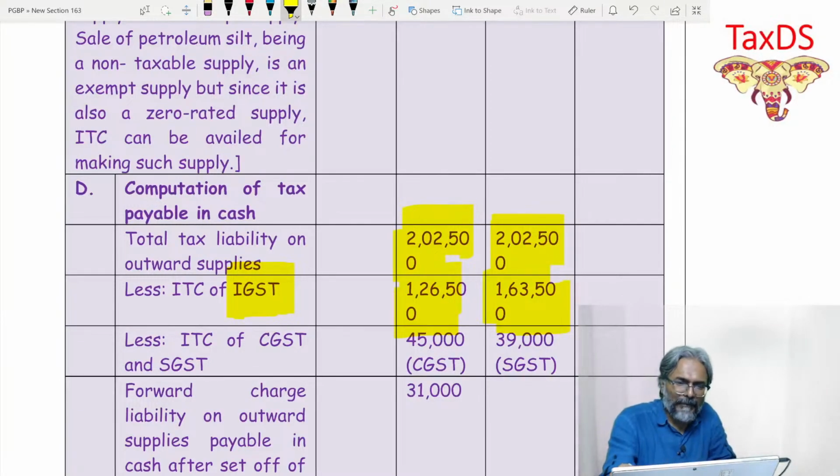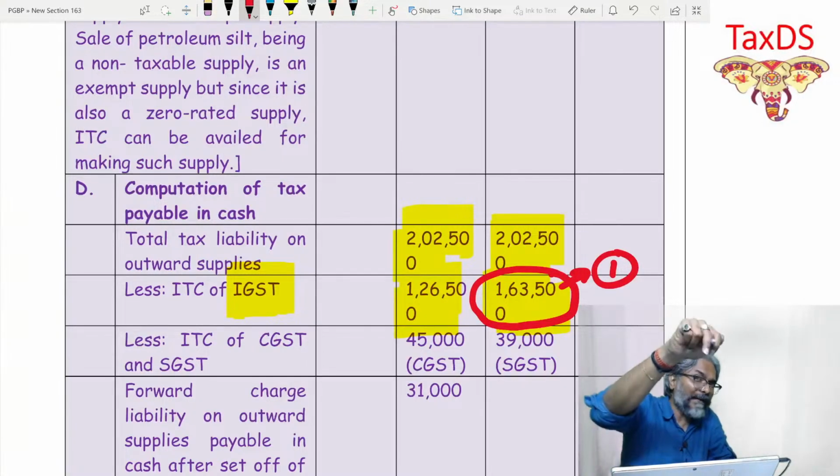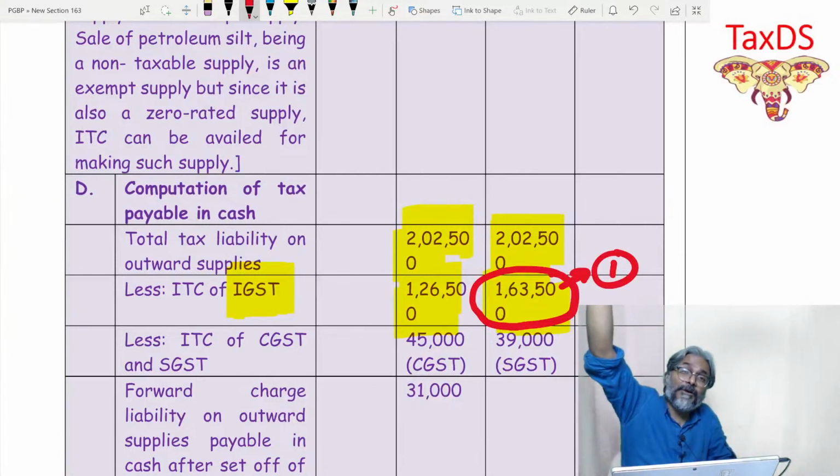So students, I am using first my CGST. Students, see how I am doing it. Although there is a hard and fast rule, I am doing tax planning here. Why am I doing tax planning? Because I told you already that I have some deposit in my electronic cash ledger CGST head.